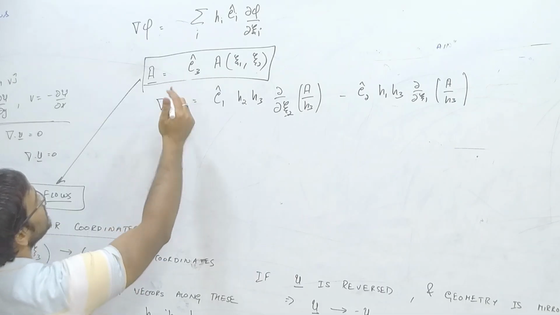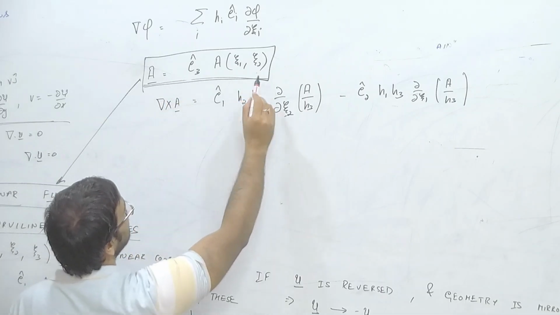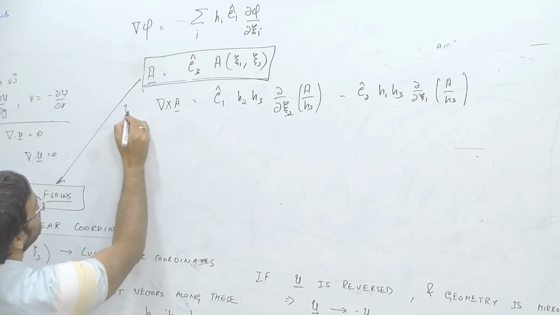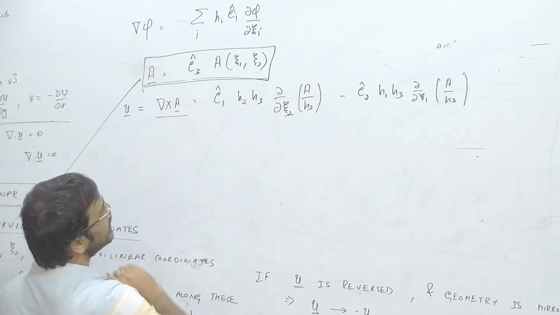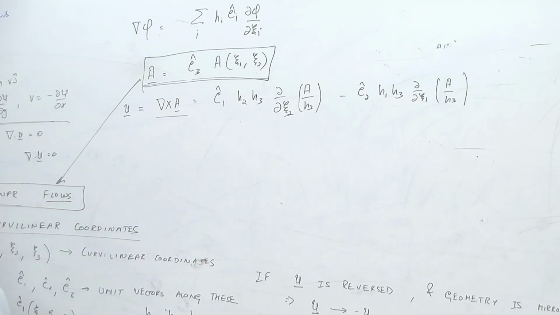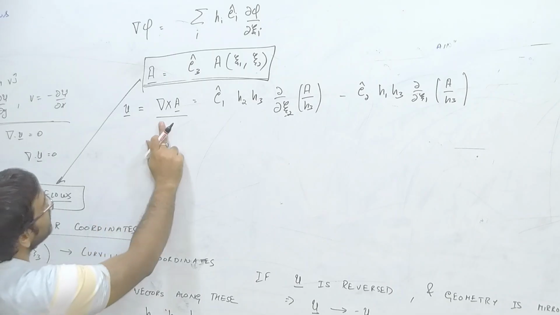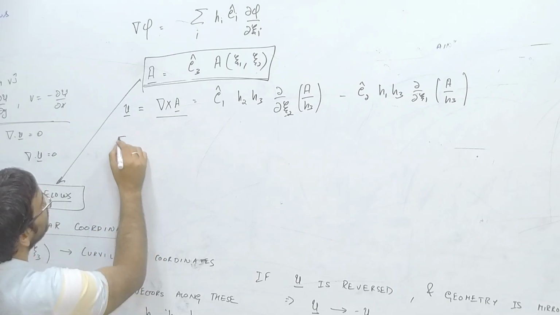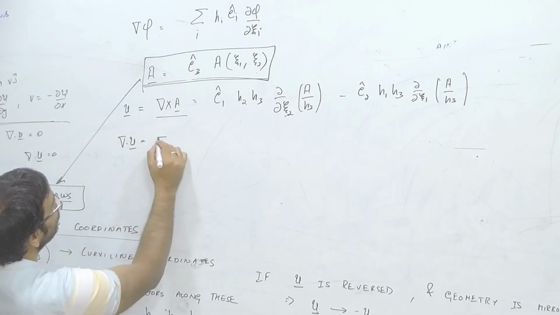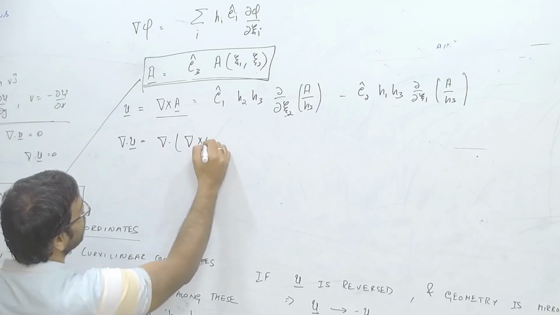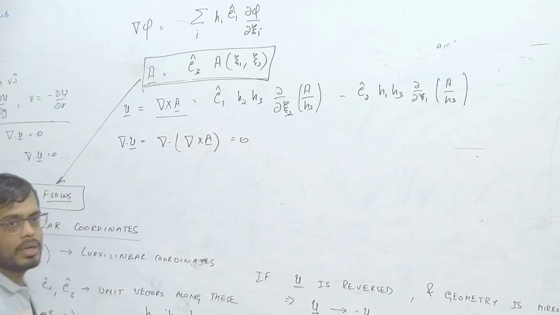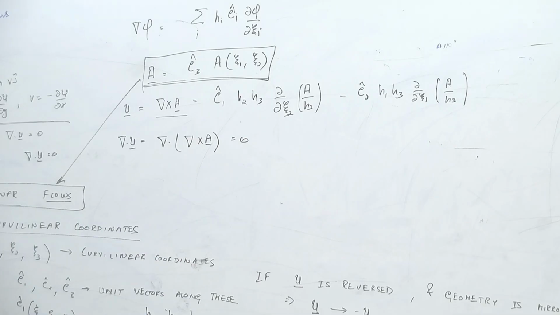The idea is to formulate this A such that I can define a velocity using this del cross A. The reason for using del cross A to define velocity is that identically del dot u will be 0 then. So, if I can write my velocity as the curl of some field, then I have explicitly made sure that the divergence is 0.